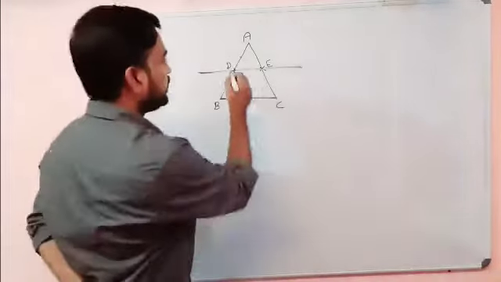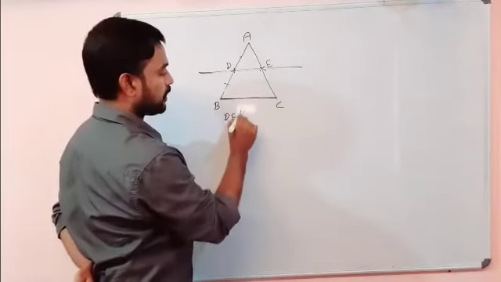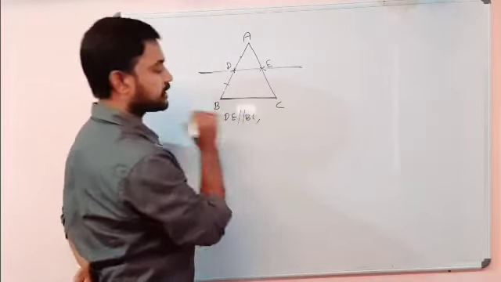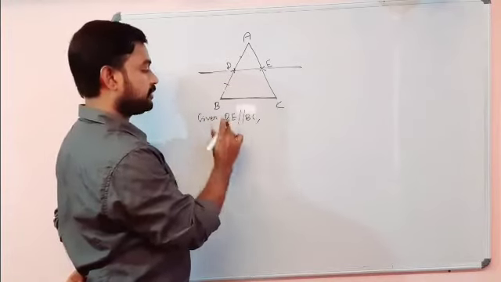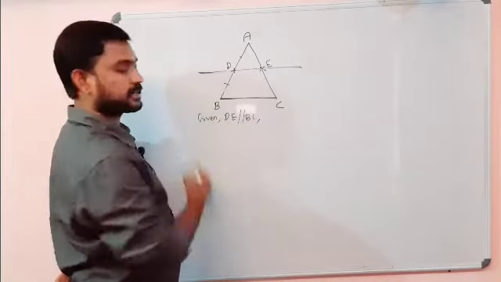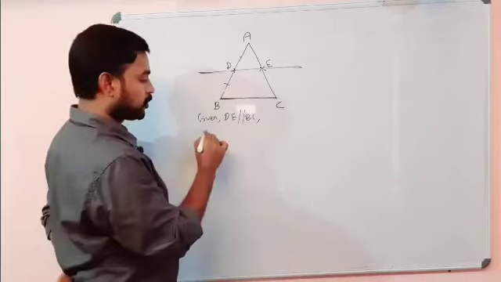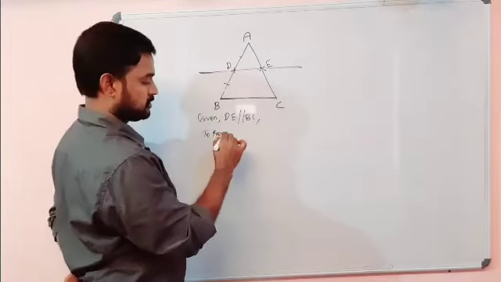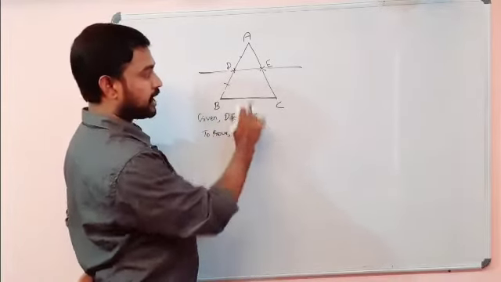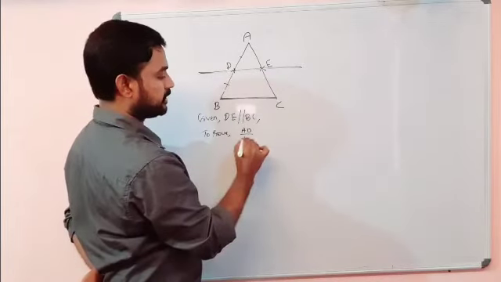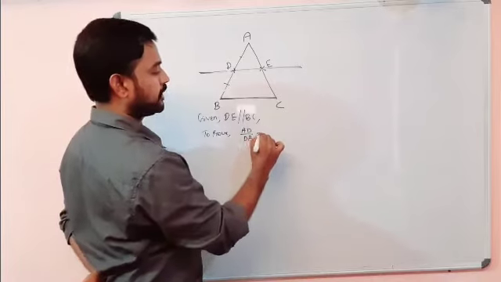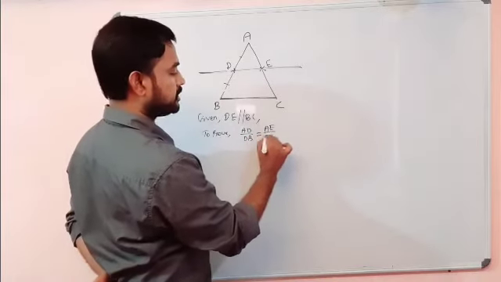Here DE is parallel to BC. This is the given part. In this theorem, DE parallel to BC is the given part. We need to prove that if DE is parallel to BC, the ratio of the portions AD and DB will be equal to AE by EC.